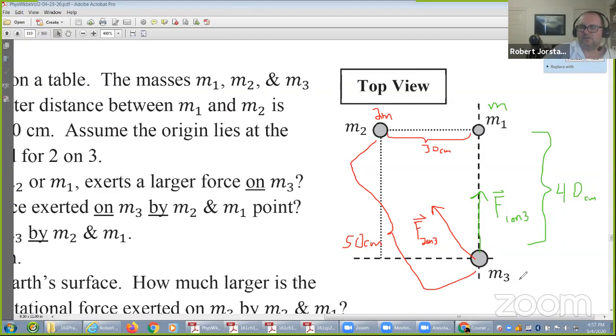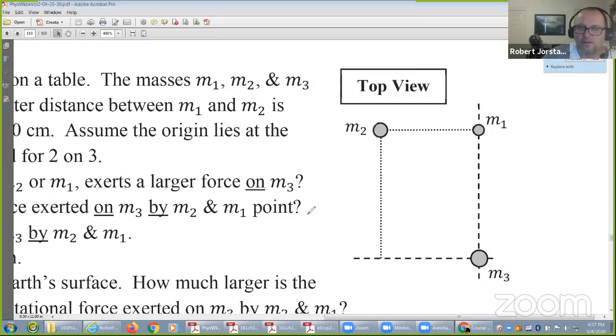Just based on that, this one's twice the mass and this one's only 25% more the distance. So 25% more squared is going to be a lot less than doubling the mass. So I think this is probably good. Let's go ahead and look at the solution and go through this together.